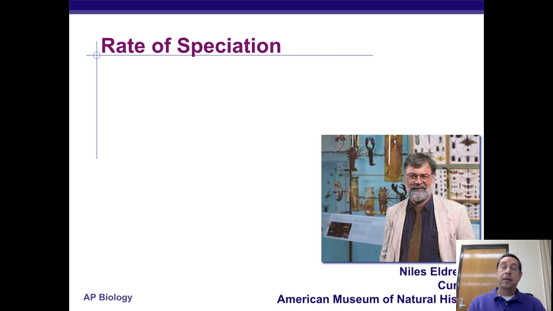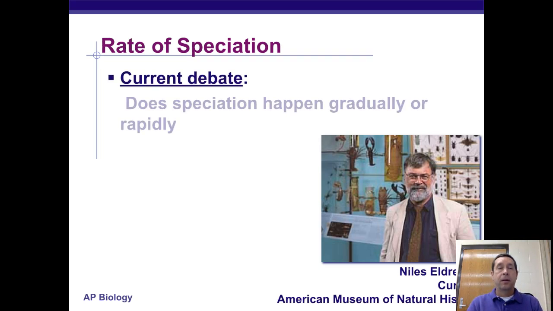So the scientists began to look at the data that they had, and they came up with a better explanation for the rate of speciation for some species. So it's not that one theory is right and one is wrong. Depending on the species, one may be correct for this organism, but the other theory is correct for another. So does speciation happen gradually or rapidly?